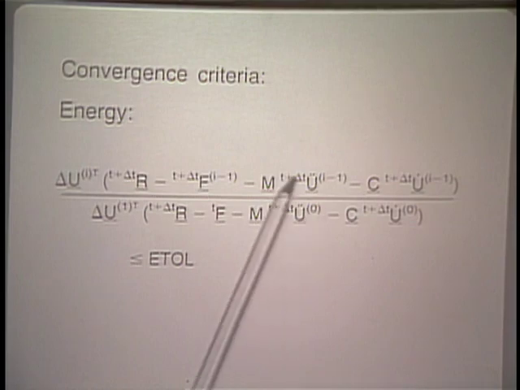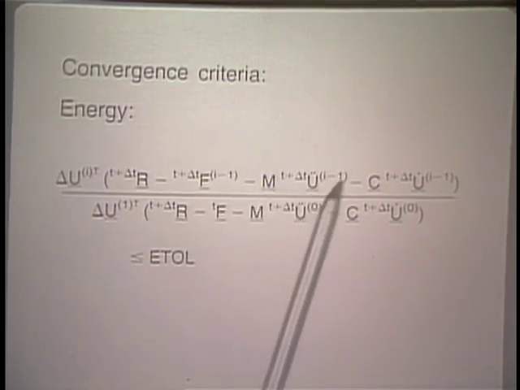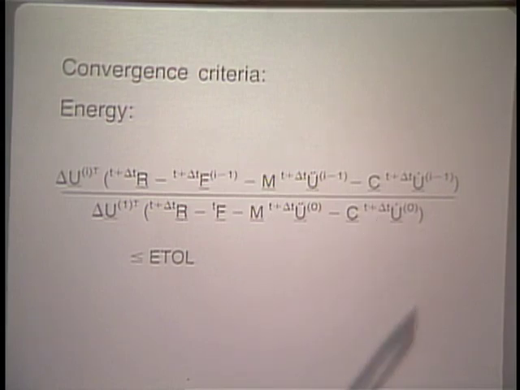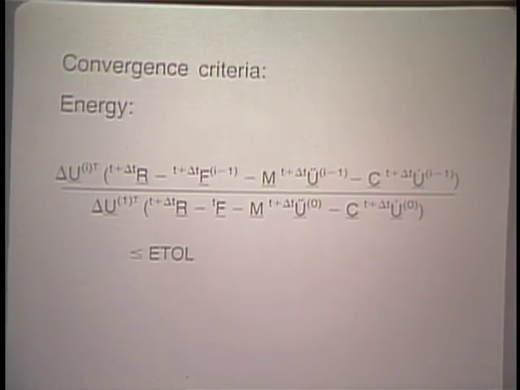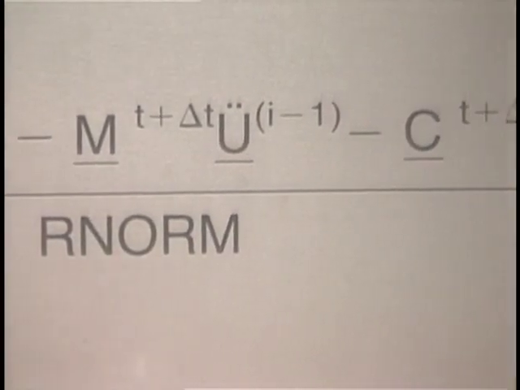We discussed this criterion earlier, of course not including the mass and damping effects. Now we do. Another convergence criterion is one on forces. And earlier we had only this term here. Now we include also the mass, the inertia, and the damping terms.